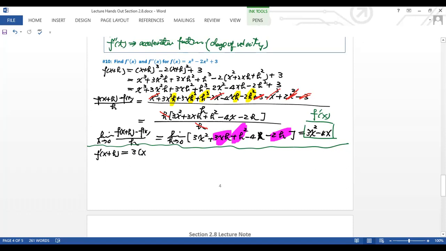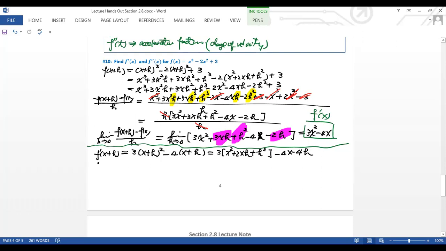So this is 3 times x plus h squared minus 4 times x plus h. Correct? Okay, simplify it, FOIL it. So this is 3 times x squared plus 2xh plus h squared, minus 4x minus 4h here.